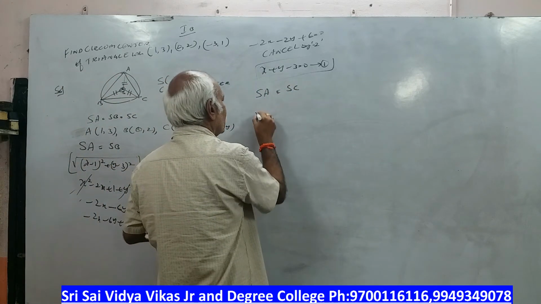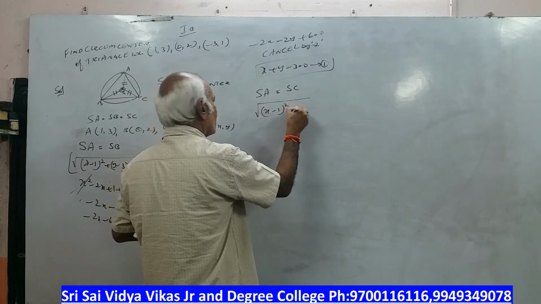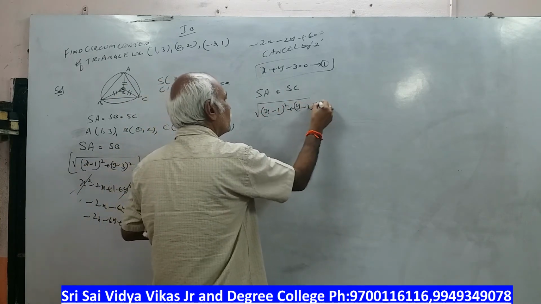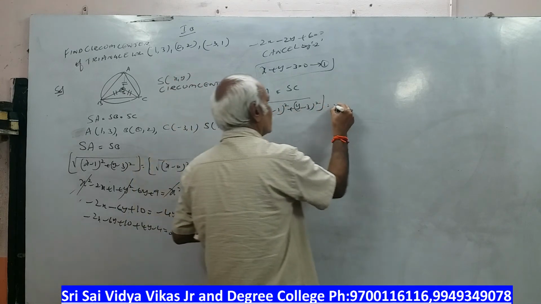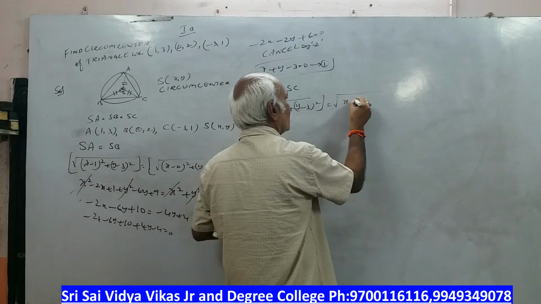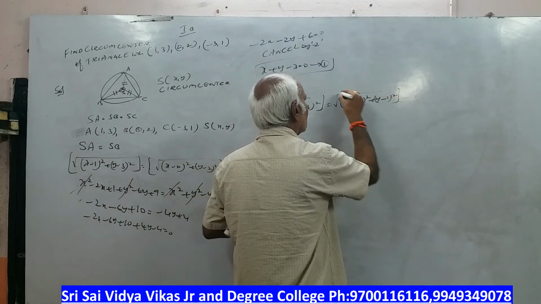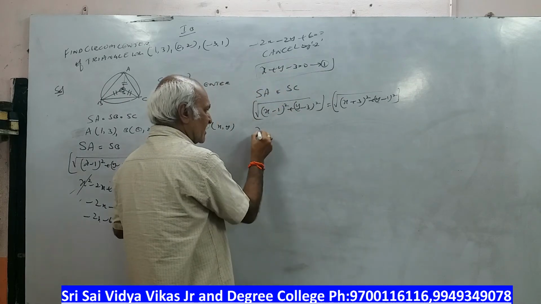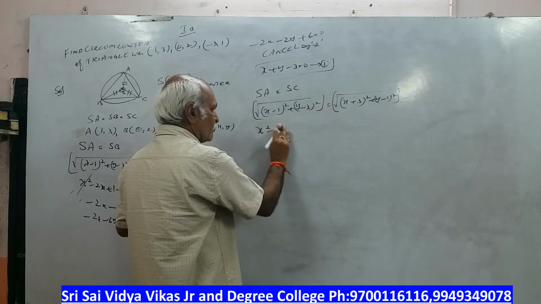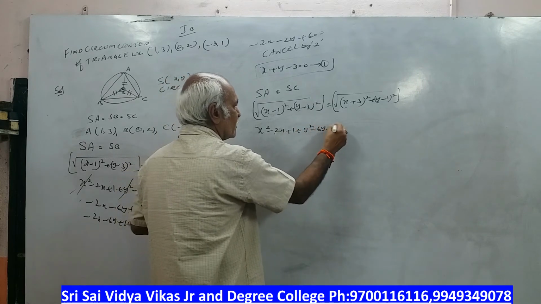SA is equal to SC. What is SA? Square root of (x minus 1) whole square plus (y minus 3) whole square is equal to SC. What is SC? Square root of (x minus of minus 3) whole square plus (y minus 1) whole square. So square roots will get cancelled. x square minus 2x plus 1, y square minus 6y plus 9.